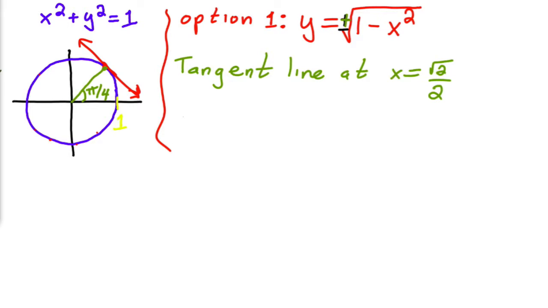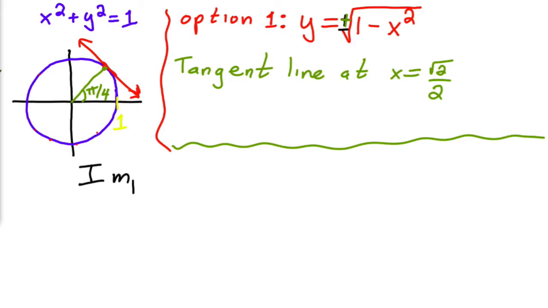But I'm going to use a different technique. And then when I'm done, then you guys can compare your answer with mine. And so what I'm going to do is I'm going to use a new technique called implicit differentiation.